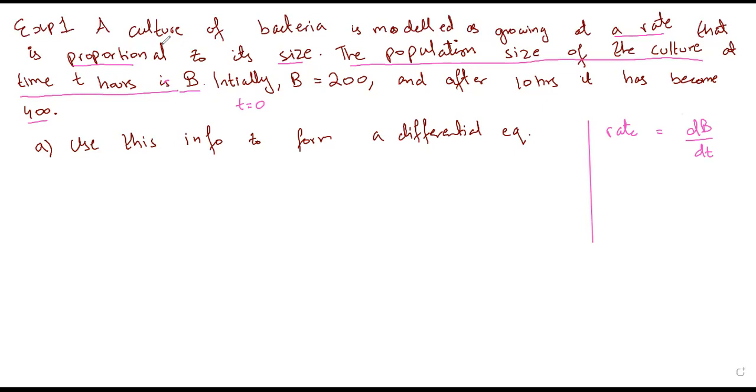A culture of bacteria is modeled as growing at a rate dB by dt that is proportional to its size. The population size of the culture at time t hours is b. So we also have b here. That's it.